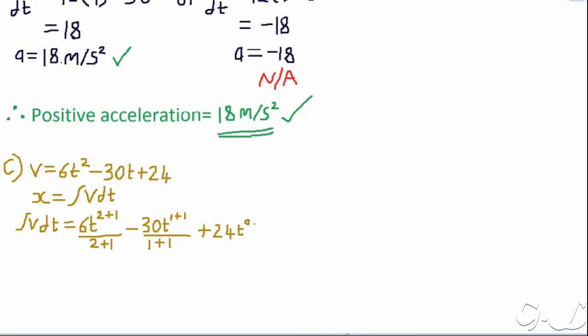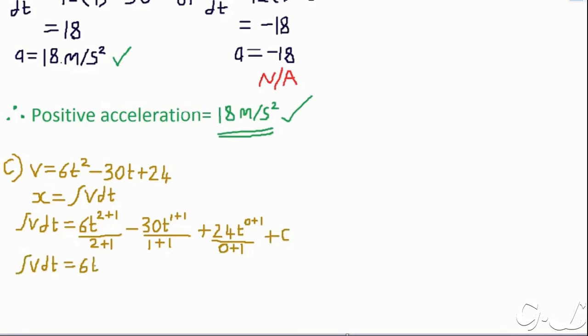Again, 24t: they are there, 24 as the variable of t to the power 0. Any term which is to the power 0 is 1, so there is no need for us to show power 0. That is the reason you can see no t power 0 in that expression. So it will be power 0 plus 1, and then plus c, which is the constant.